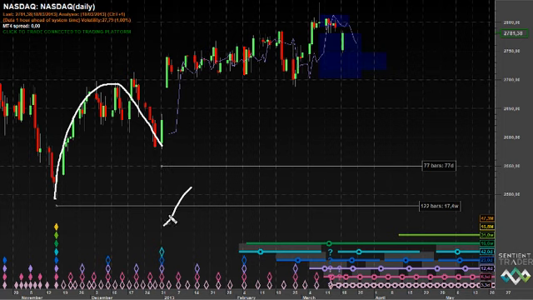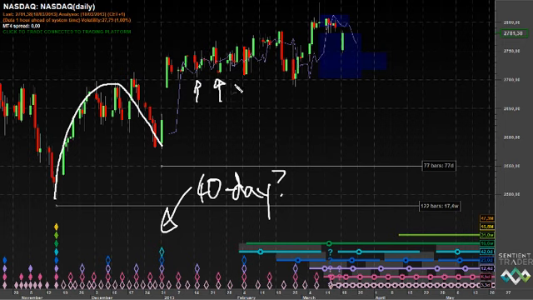Is it possible that this cycle trough over here is in fact only the 40-day cycle trough? That's what I would ask, in which case we possibly saw a hidden trough of the 80-day cycle. Now there are many potential positions for that hidden cycle trough, so it could be any one of those.